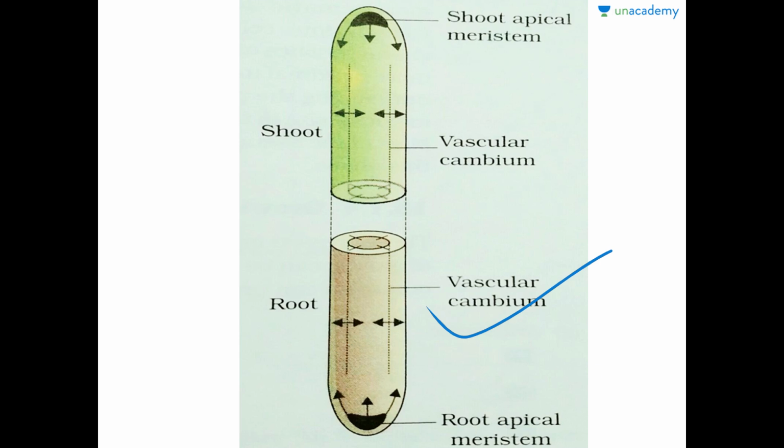Vascular cambium helps in the increase in girth of the root along its breadth. The shoot apical meristem helps in lengthening the plant, and its growth is positively phototropic and negatively geotropic, and the vascular cambium helps in the girth development of the plant. This is a picture you should take under consideration.